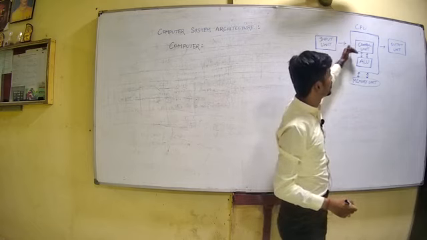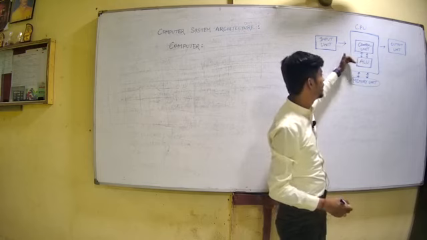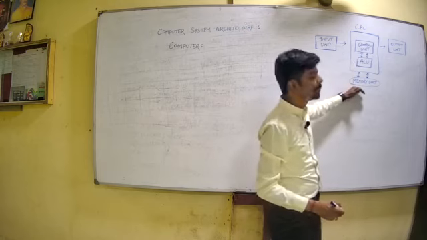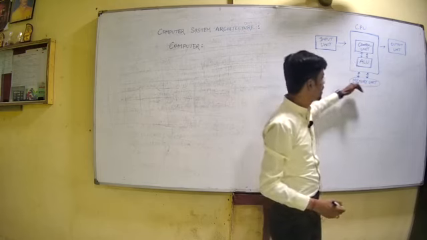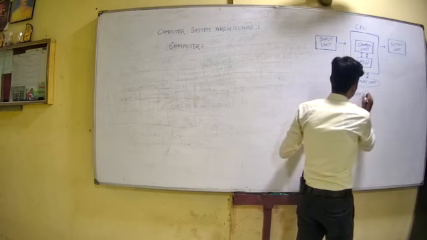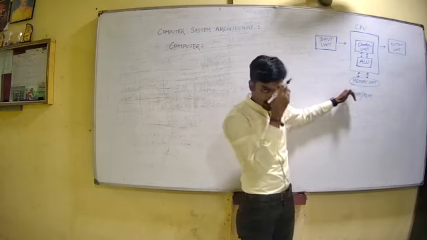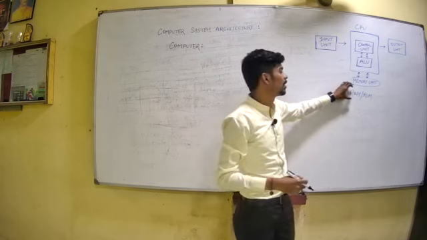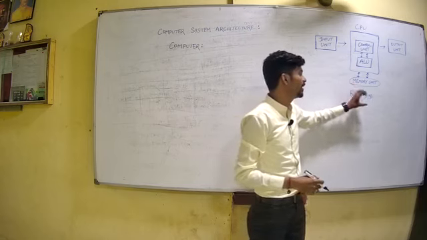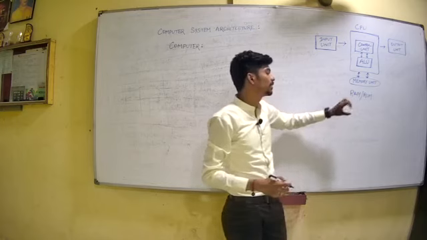After the control unit and ALU get the data, it is sent to the memory unit. Now the memory unit can be of two types. The first one is RAM and the second one is ROM. RAM is the volatile memory of a computer, whereas ROM is the non-volatile memory of the computer.